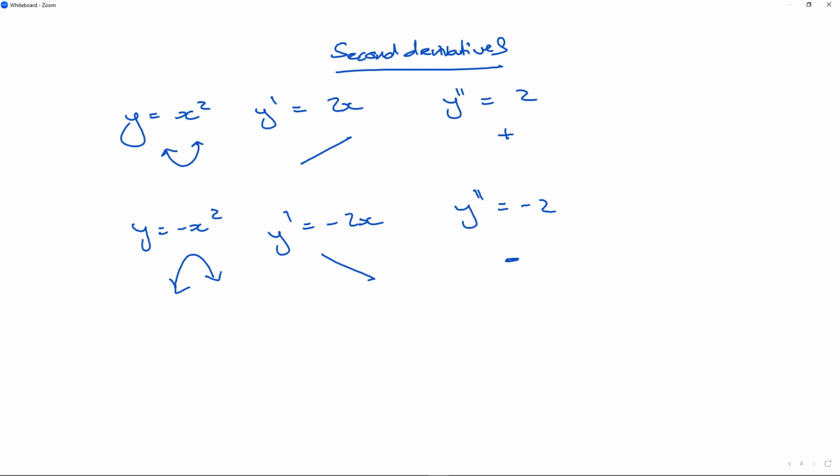So what do we have here? We have a test for whether we are dealing with a minimum or we're dealing with a maximum. And the moment that the second derivative becomes greater than 0, then we're dealing with a minimum.